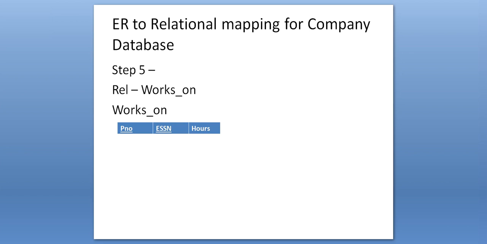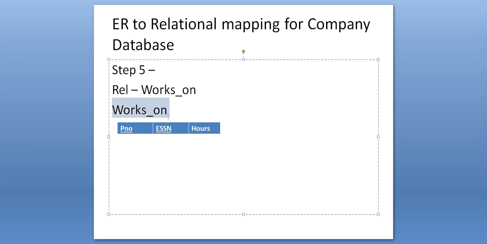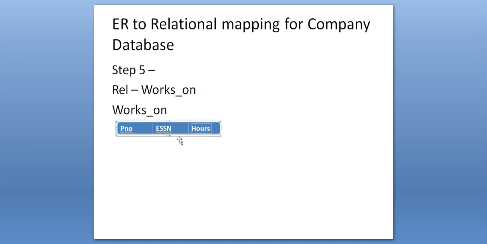For such a relationship type, there is only one approach that we can use, and that is the relationship relation approach, isn't it? So by using the relationship relation approach, we will create a relation for that particular relationship type, works on. So I'm giving the same name, works on, and then it is going to have attributes.